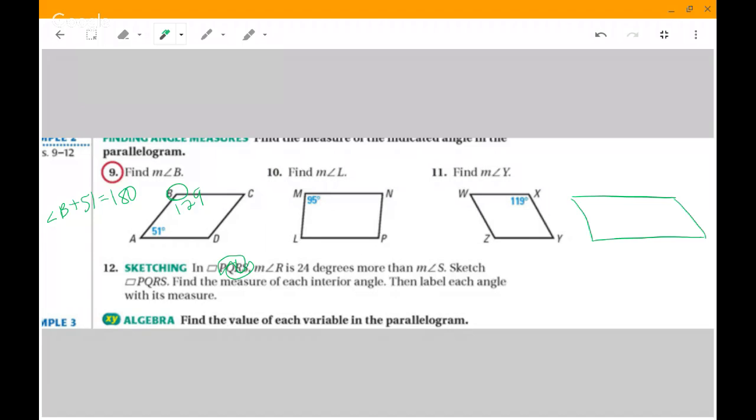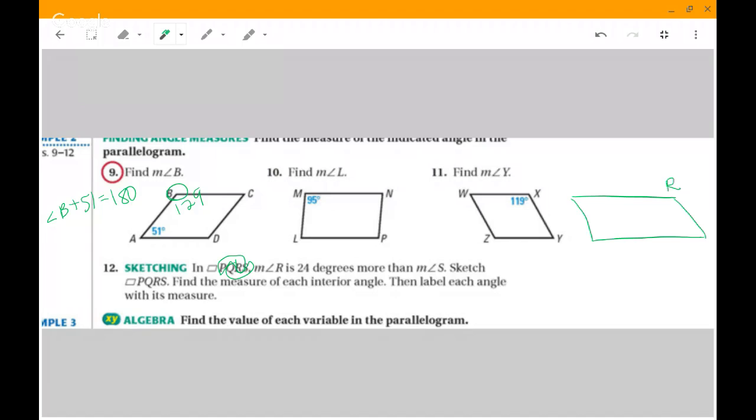If R is 24 more than S, that means R is going to be one of the obtuse angles. Does that make sense? That's what I have written out. I'm just confused on how to solve it.